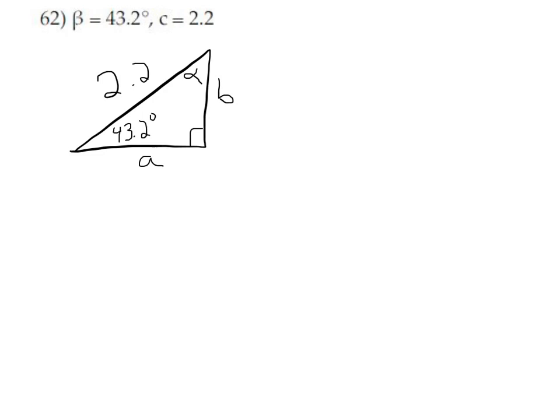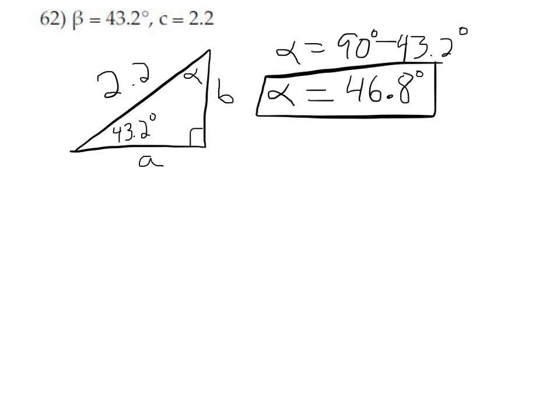Okay, now that we have this set up, we see that we need to solve for A, B, and alpha. Alpha is the easiest because alpha and 43.2 degrees are complementary, meaning they add up to 90. Meaning you can find alpha by subtracting from 90 degrees 43.2 degrees, giving us alpha equals 46.8 degrees.